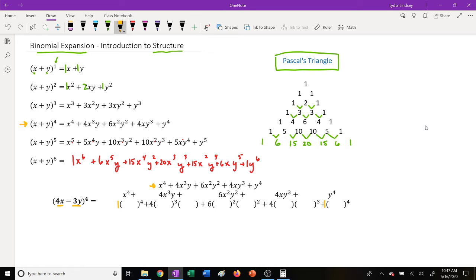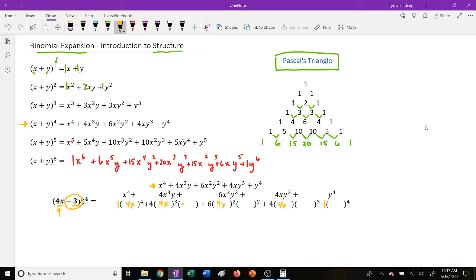But my x here is not just a regular x, it's a 4x. So I need to put 4x in any of my x positions. And so he's got 4, 3, 2, 1, nothing. And then I'm going to put my y, but notice that it's going to be that negative as well.